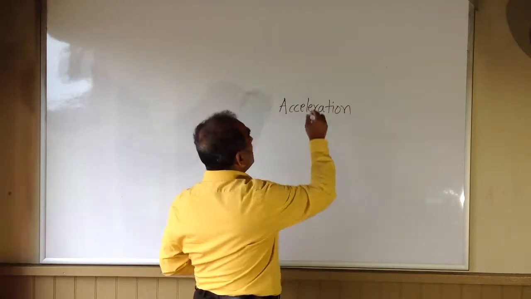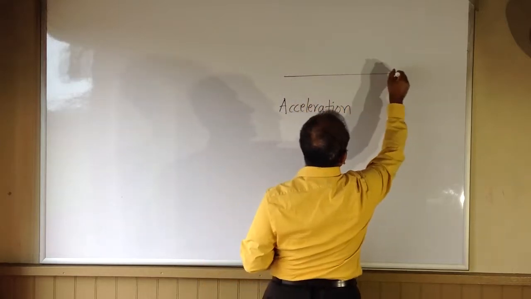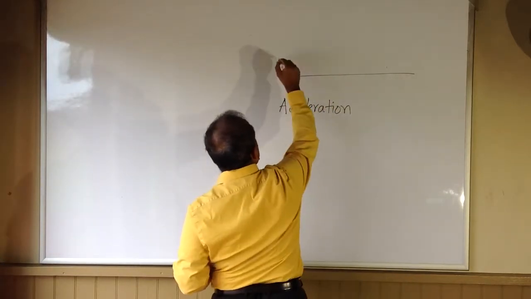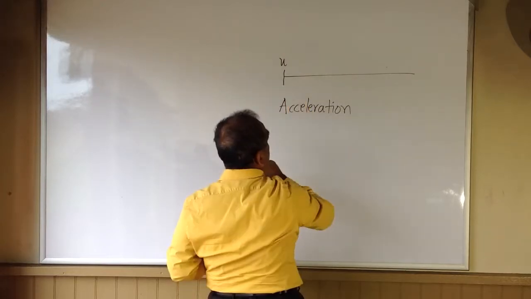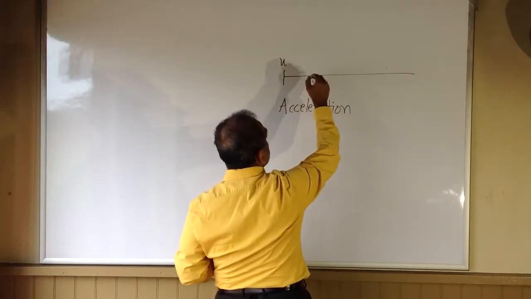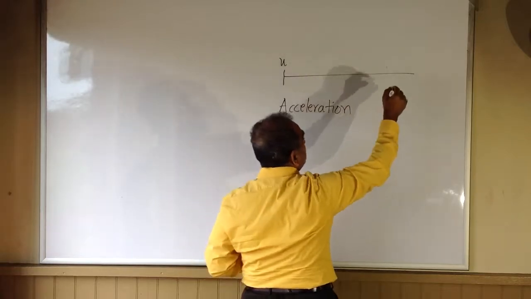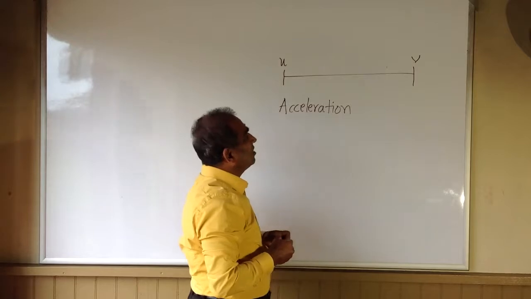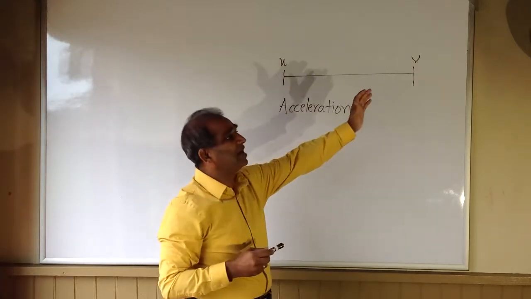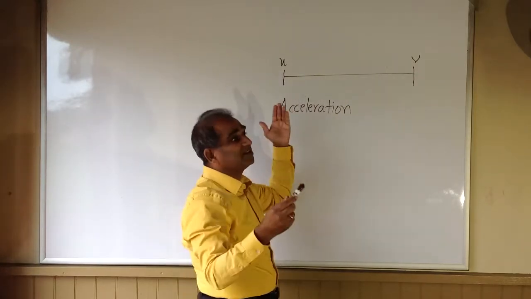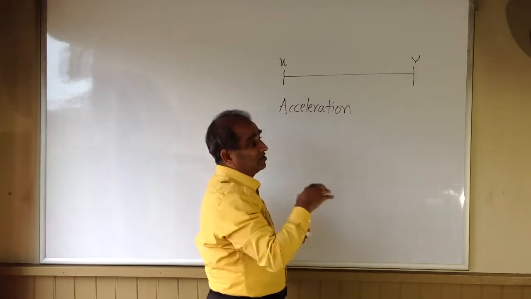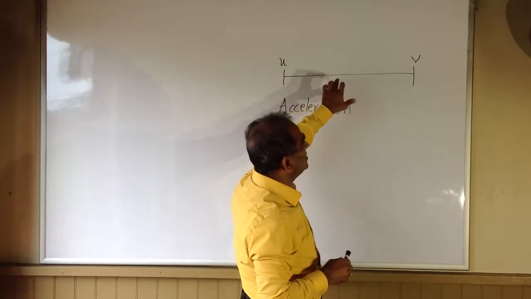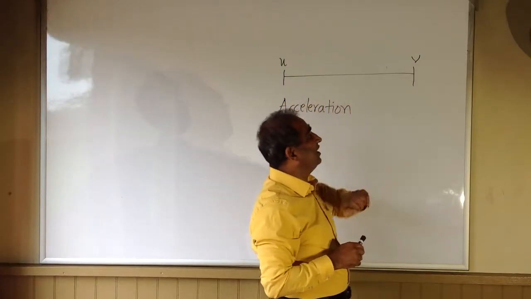Since we are talking about one-dimensional motion, let's say a particle starts here with an initial speed u and keeps increasing its speed until it reaches a final speed v. Or you can call it velocity, because it's in one direction. Speed and velocity are the same here because there's no change in direction. So velocity keeps on changing until it reaches the final velocity v.